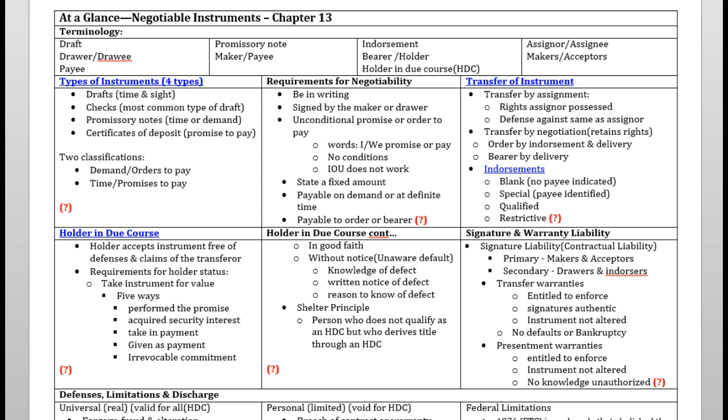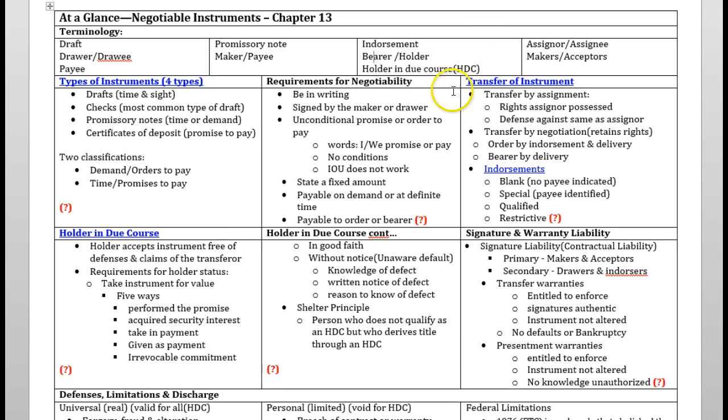If you look at the definition, a holder is any person in possession of an instrument drawn, issued, or endorsed to him or her, or to bearer or in blank. Now, the bearer definition per the book is a person in possession of an instrument payable to bearer or endorsed in blank. So they're very similar.